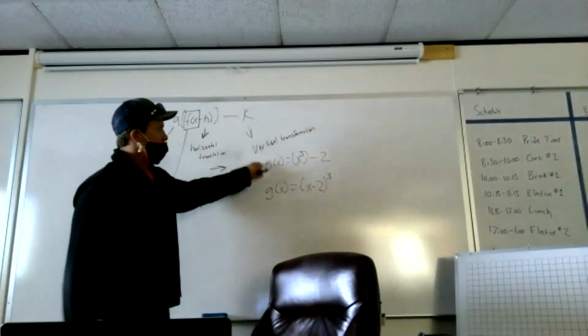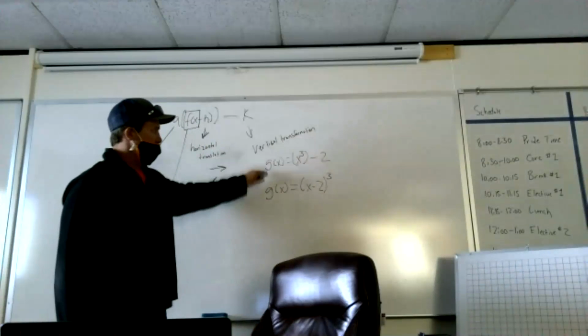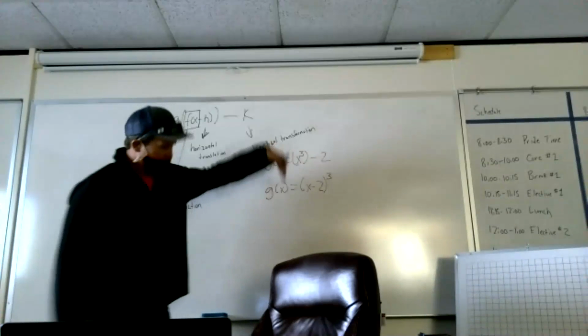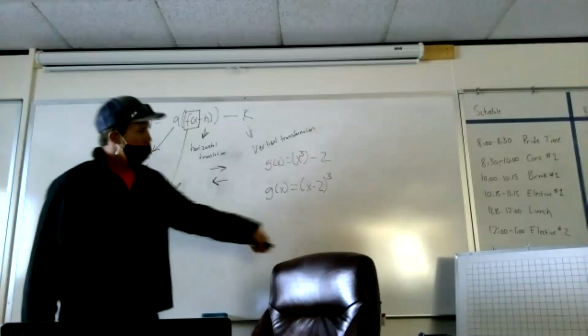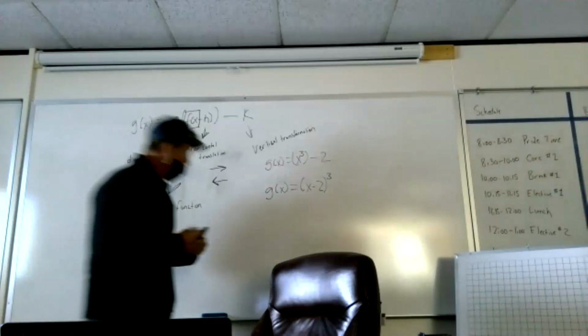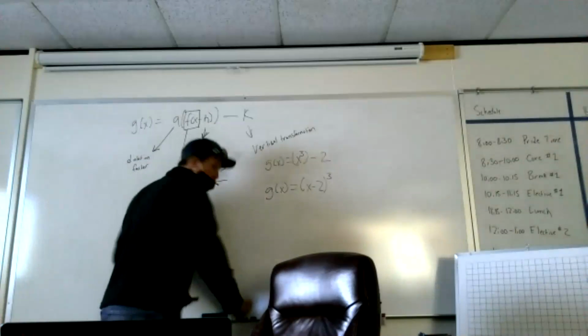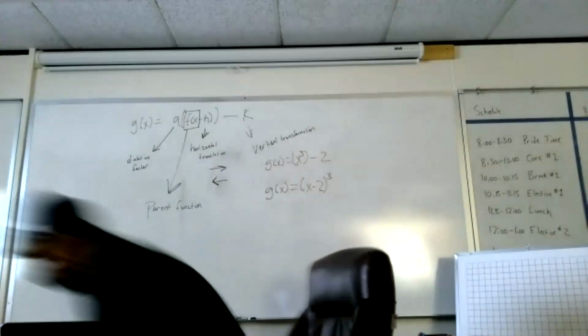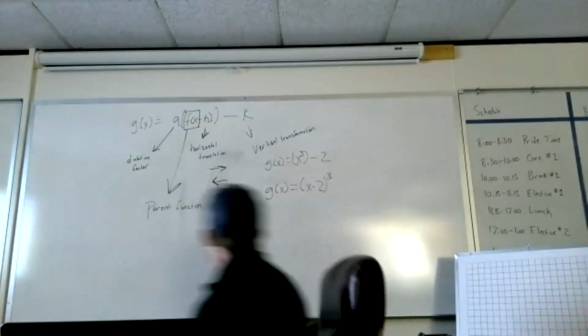Okay? So vertical translation. So it's just the parent graph of x cubed shifted down 2. Okay, so instead of crossing at the origin, we cross at 0, -2. And all of our other function values would correlate from that.